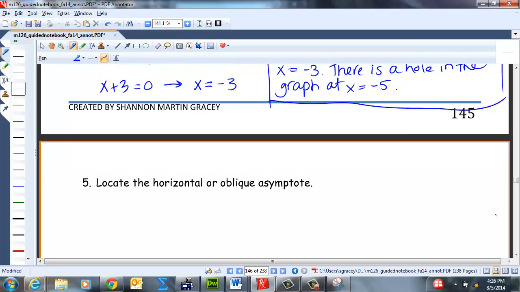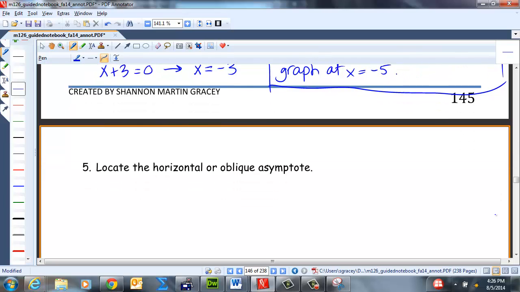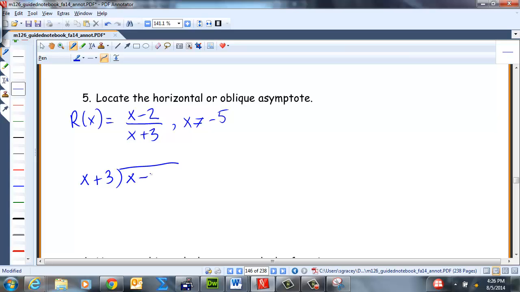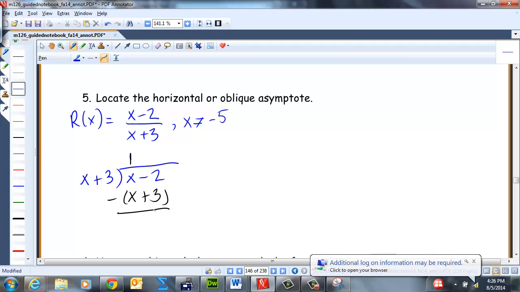Okay, so locate the horizontal or oblique asymptote. Again, working with the simplified version, which was x minus 2 over x plus 3, where x is not equal to negative 5, if we divide, we'll have a 1 here, and multiplying we get x plus 3. Subtracting, we'll get negative 2 minus 3 for that second part, so negative 5.